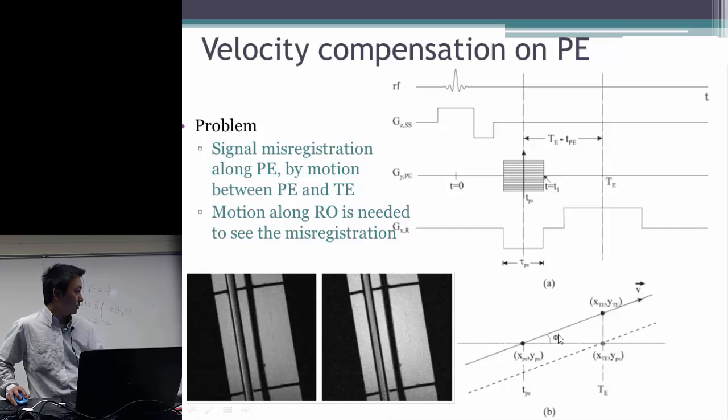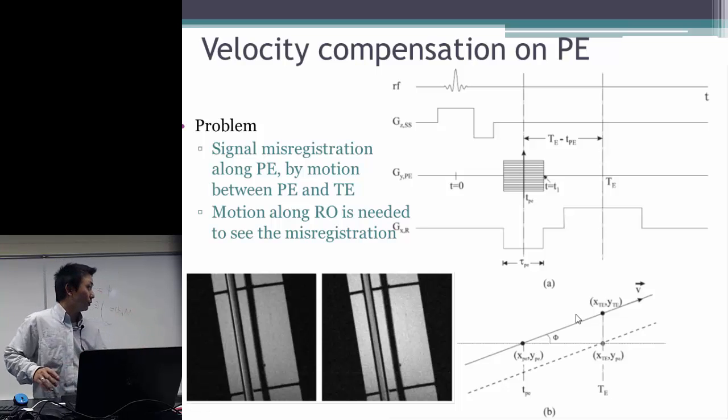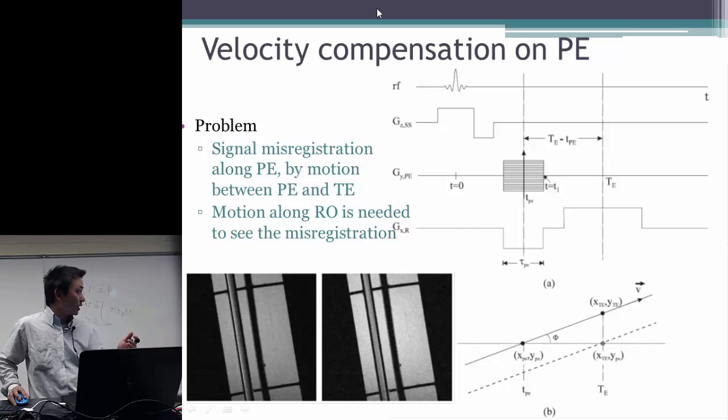So there will not be any new additional phase for these moving spins along the phase encoding direction. That means the spatial information for these spins along the phase encoding direction is still for its original location. Right?